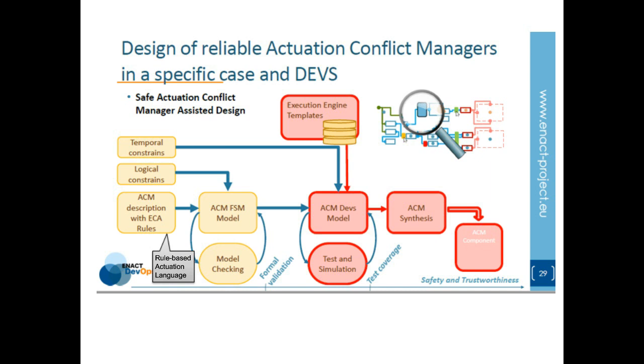The actuation management itself is done through rule-based actuation languages, and those are then verified through formal analysis, where they are converted to finite state machines, and model checking approaches based on logic are used. But that really can't cover all possible problems.